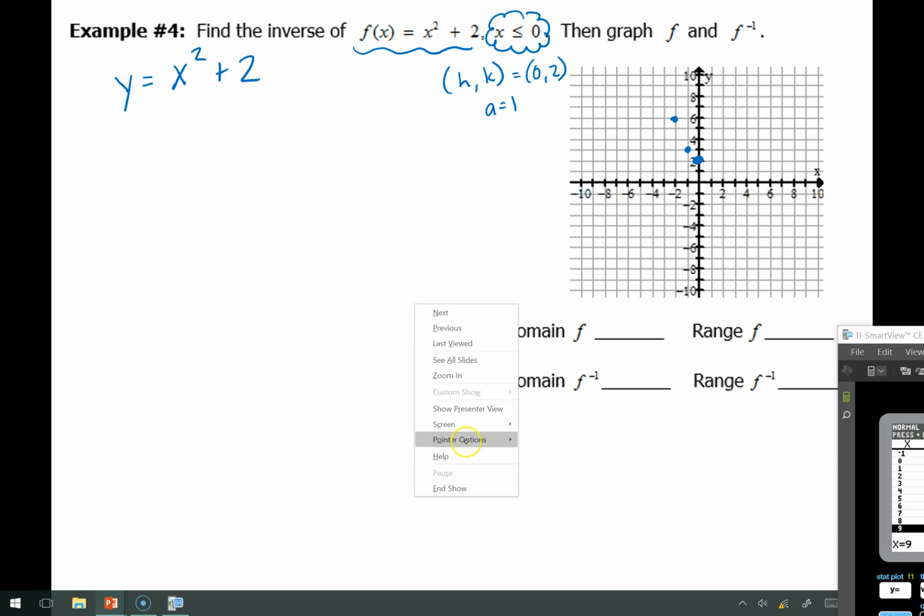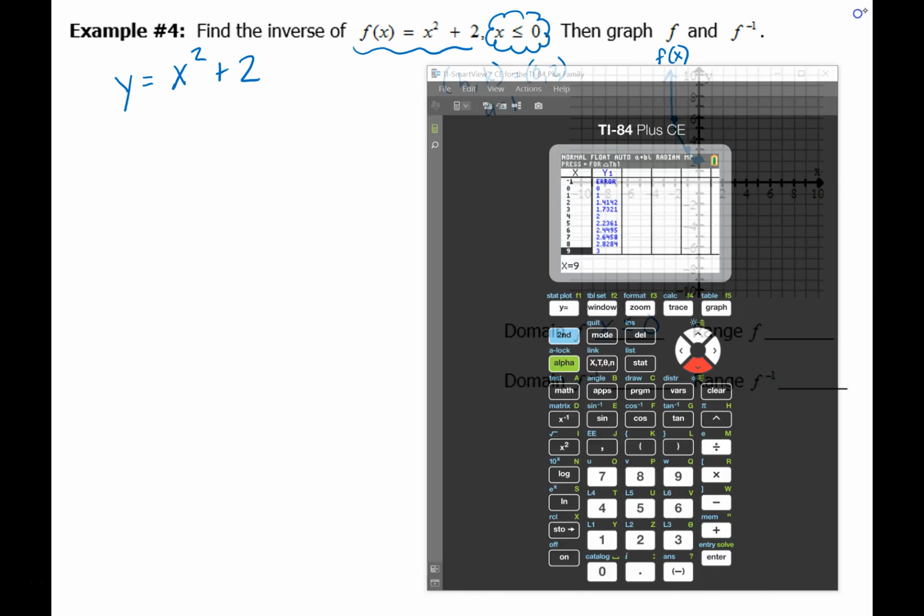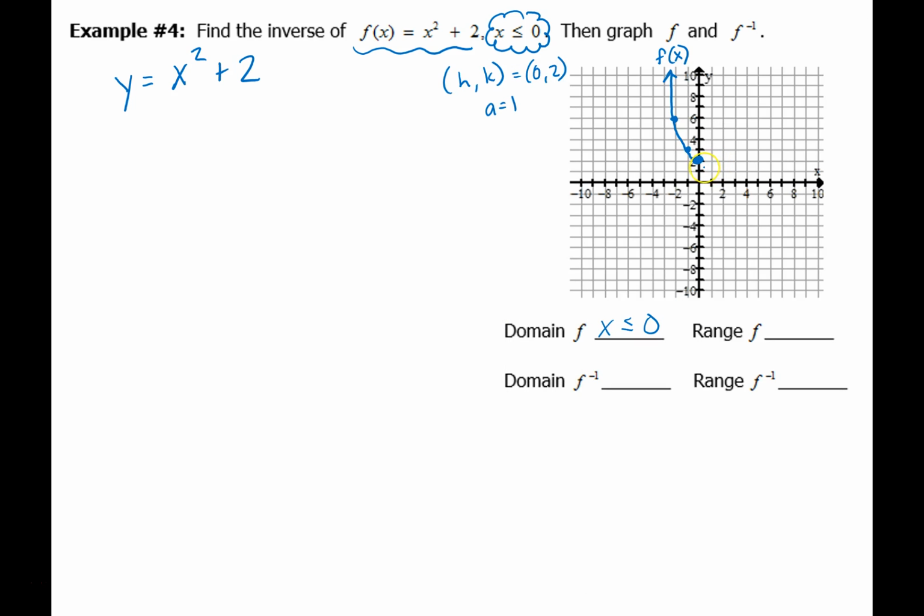If x is less than or equal to 0, then I'm only looking at the left-hand side of the graph. Knowing that, your domain is from negative infinity up to 0 because x is less than or equal to 0. The range, on the other hand, is going to be from 2 up to positive infinity.